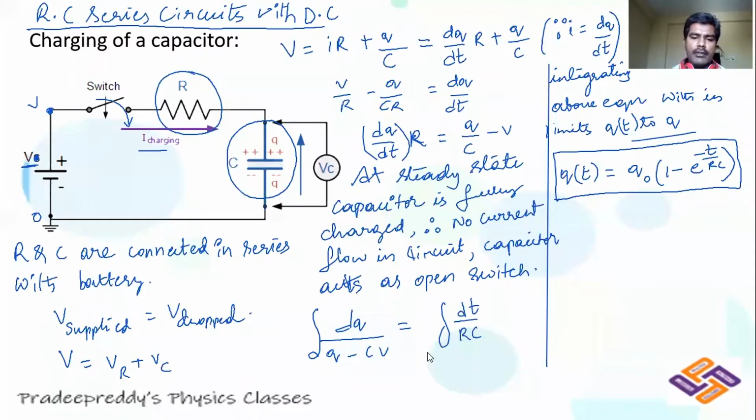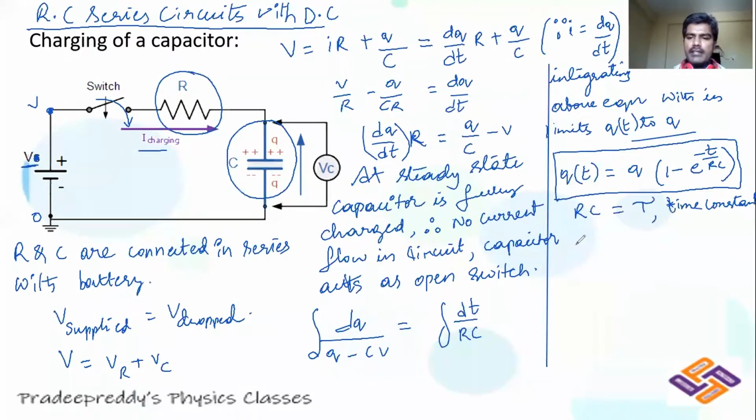What is Q of t? Q of t is the charge at any instant of time. So Q of t is equal to Q into 1 minus e power minus t by RC, where R is resistance and C is capacitance. This RC I am writing as tau, which is known as the time constant.